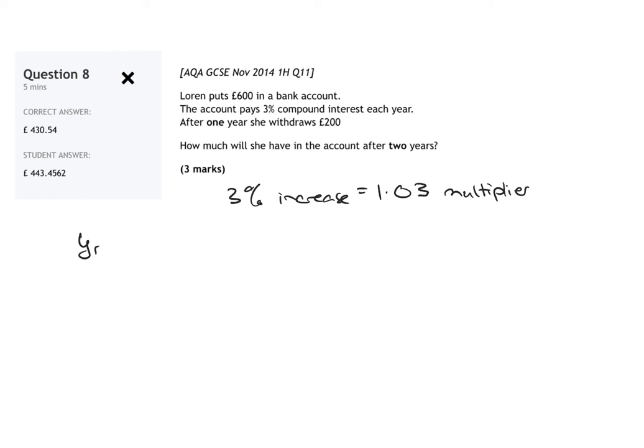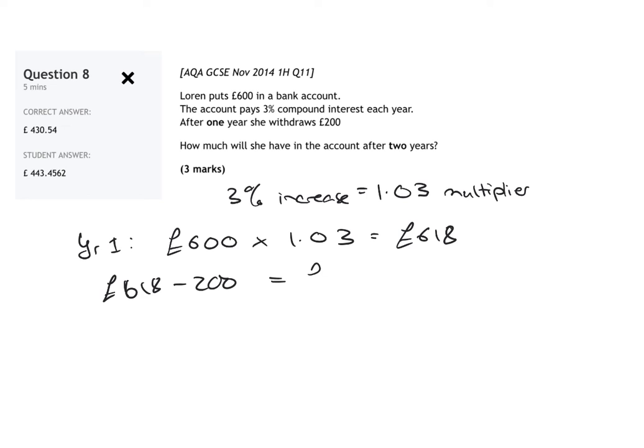So year 1, £600 multiplied by the 1.03. Put that into a calculator. 600 times 1.03. It's £18 interest, so it's a total of £618. Now, she withdraws £200. So 618 minus 200 is equal to 418.